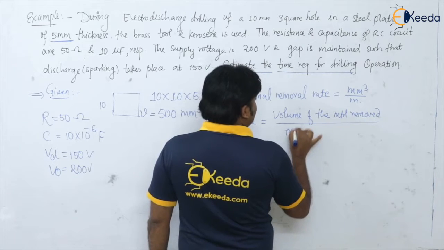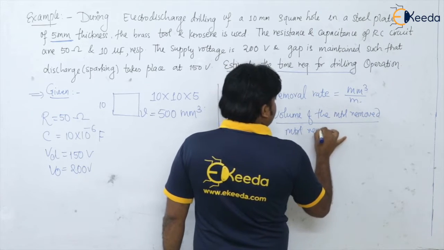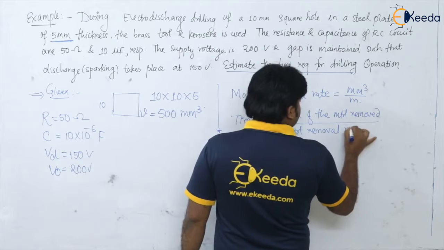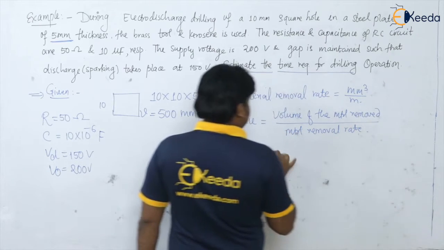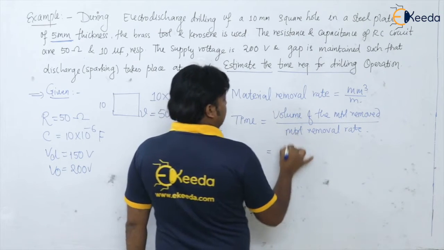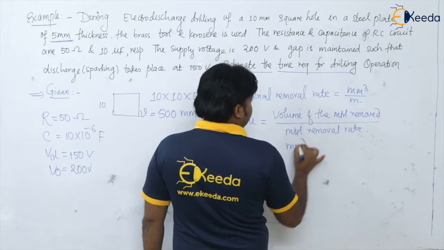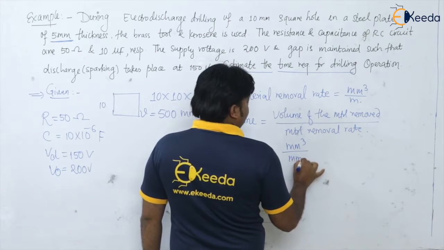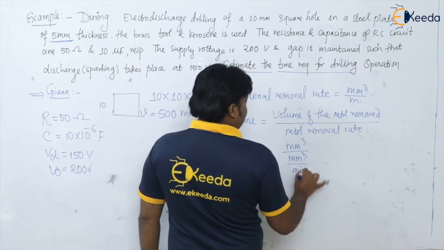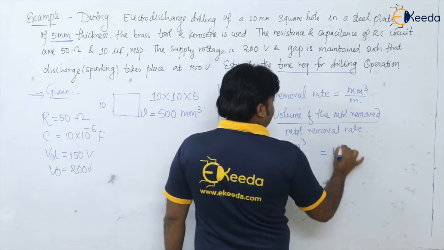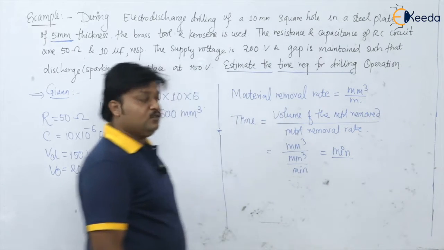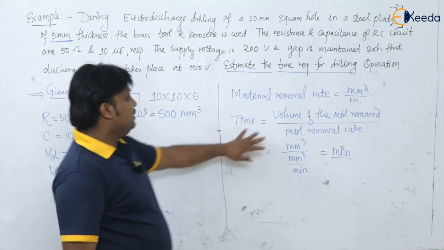The material removal rate. If you do the dimensional analysis, it will be mm cube divided by mm cube per minute, so your answer will be in minutes. Okay, so very simple. Please remember this thing.